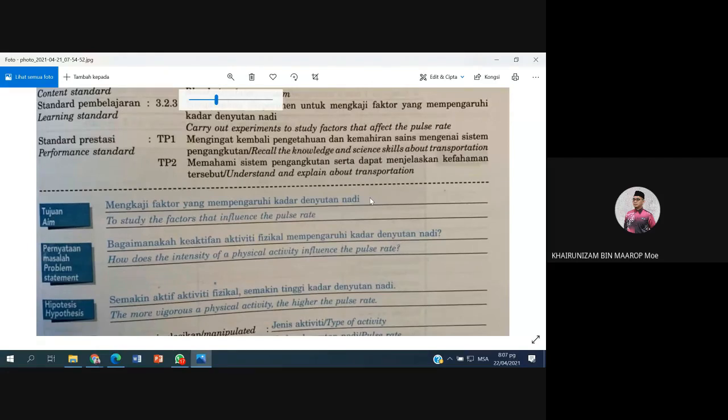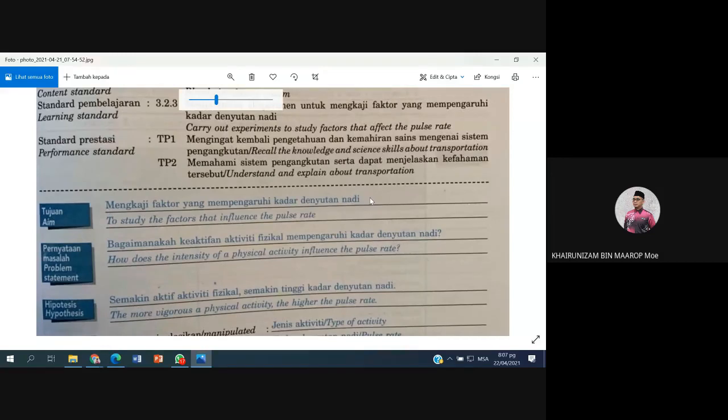Yesterday you have learned about the several factors that affect the pulse rate. One is gender.